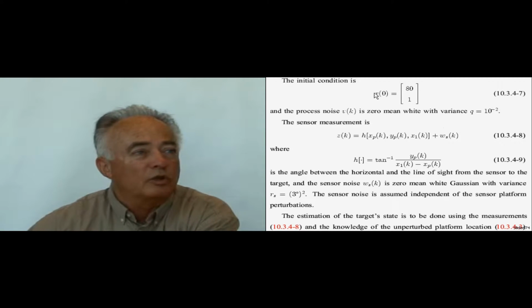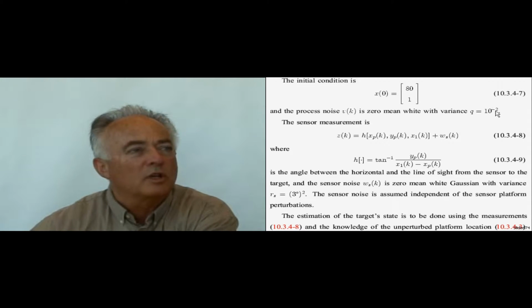There's an initial condition to this. The object starts at location 80 and moves with a positive velocity on the x-axis equal to 1, and we have a process noise variance that is 10 to the minus 2, so its standard deviation is 10 to the minus 1, and it's zero mean and white.